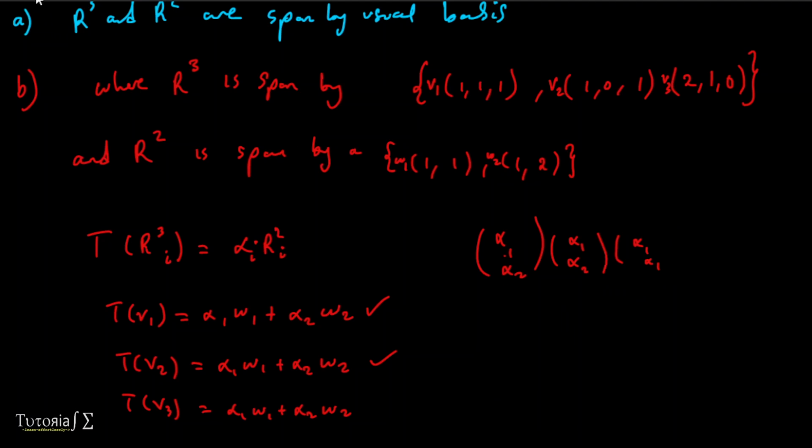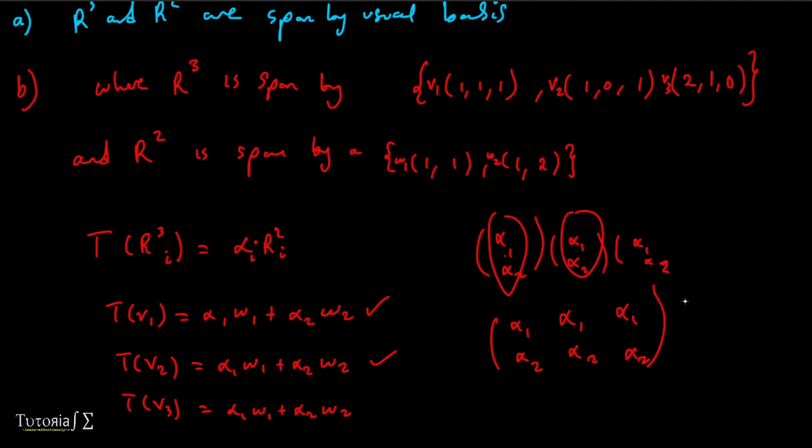Then you have alpha 1, alpha 2 from this part, alpha 1, alpha 2 from this part, and the other alpha 1, alpha 2 from the other part.